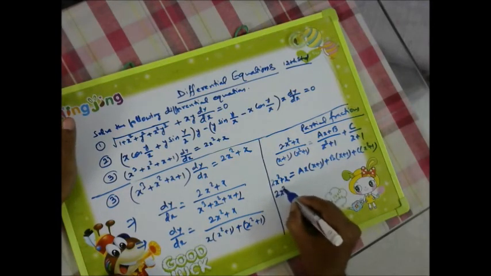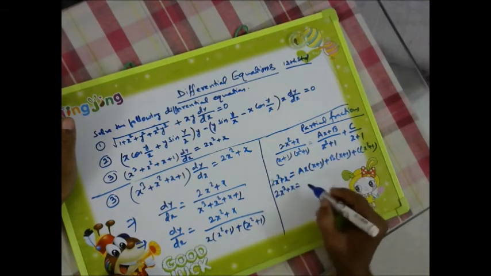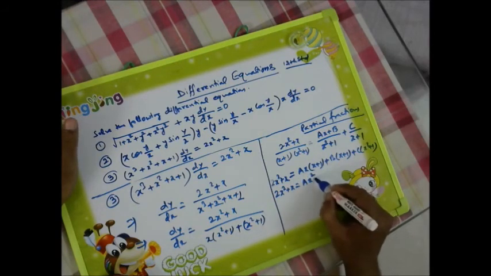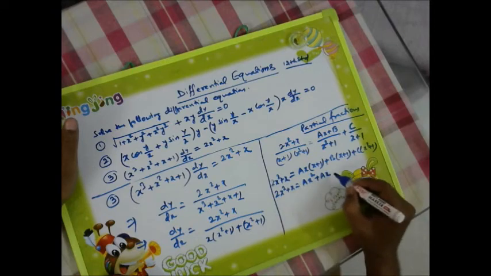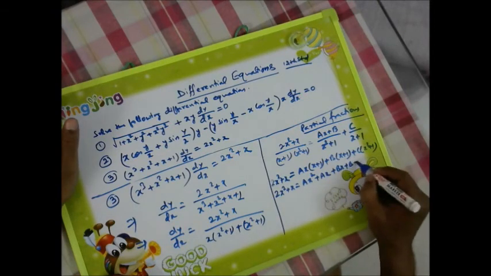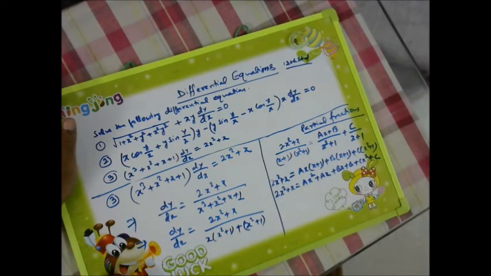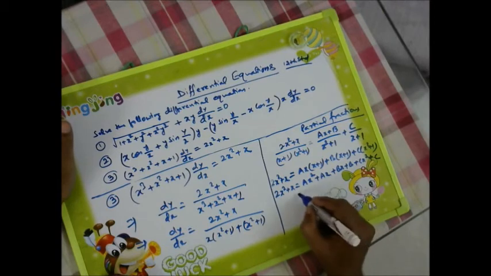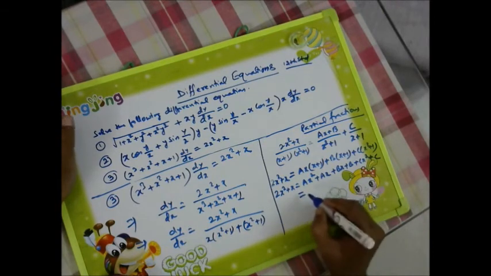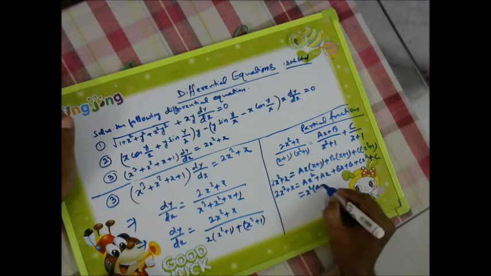Further, 2x square plus x is equal to ax square plus ax, plus bx plus b plus cx square plus c. We will bring the coefficient of x square at one place, so x square into a plus c.